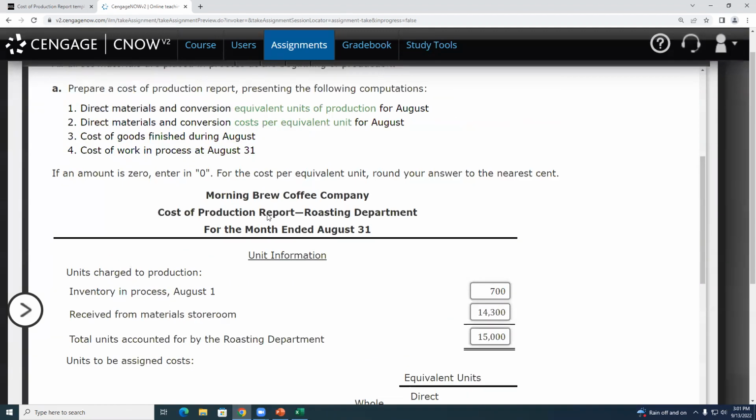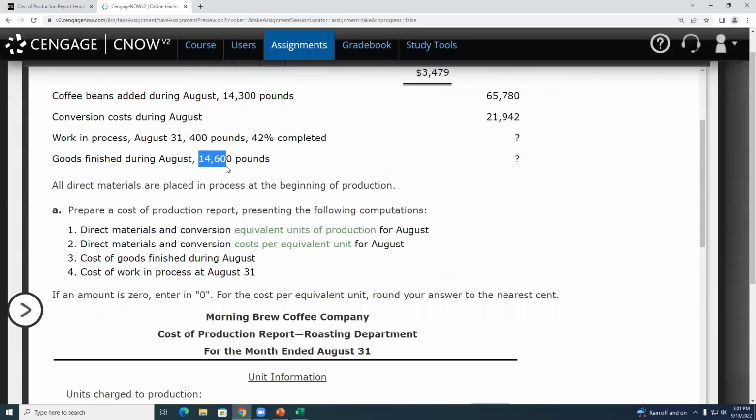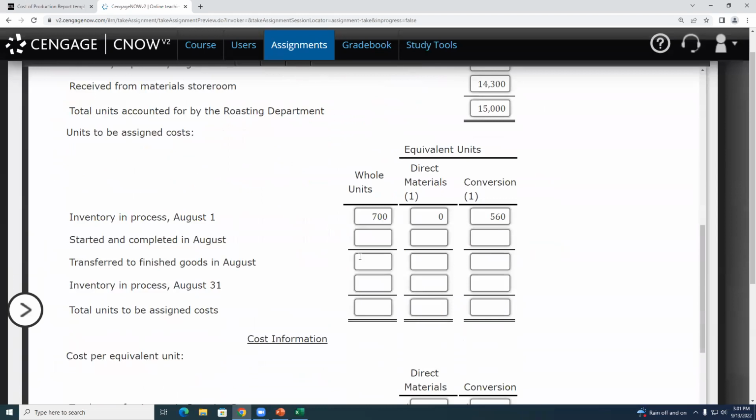Of the 14,600 pounds that were finished during August, the first 700 were from beginning inventory. So how many did we start and complete in August? A couple different ways you can get at that number. You can take the 14,600 pounds that were finished and subtract the 700 that came from beginning inventory. That's probably the easiest.